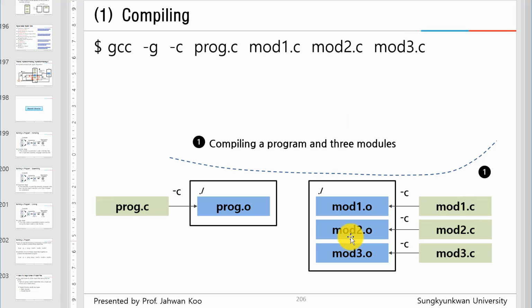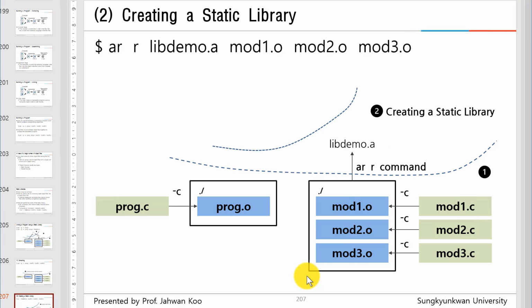Next, we just use the ar command, the archive command, with the r option. r means replace or create, in order to create a static library which ends with .a.